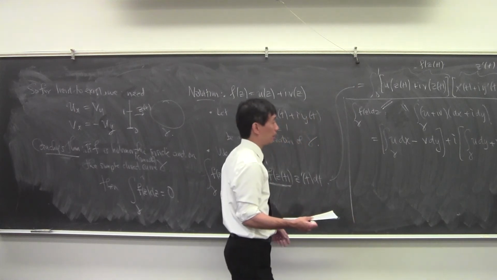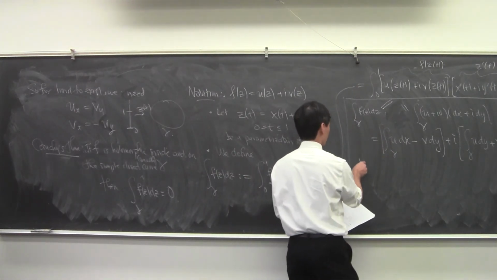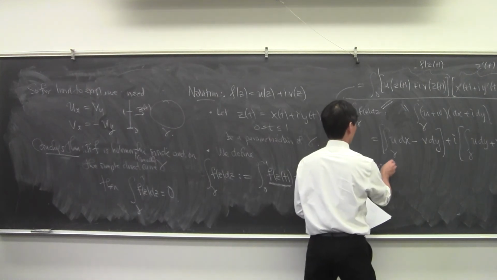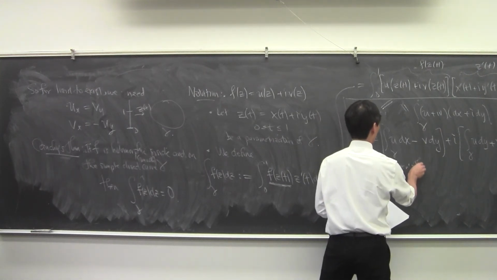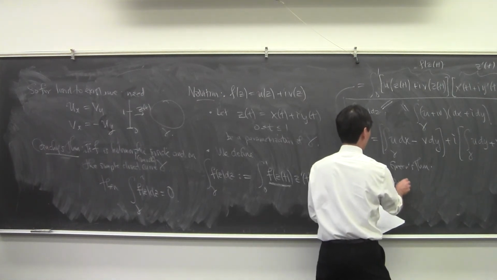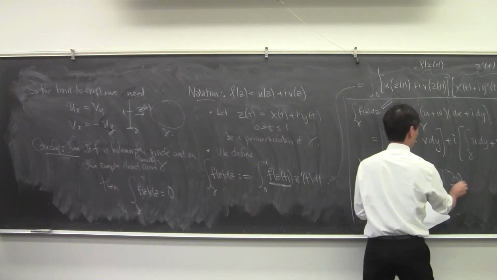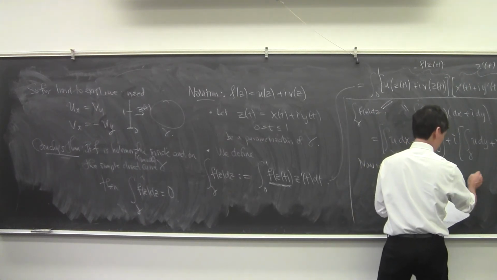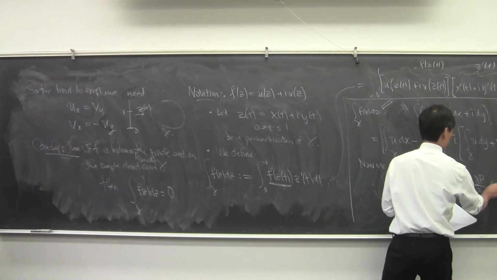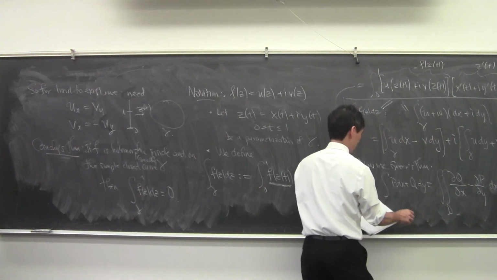Okay. And now we use Green's theorem. Green's theorem says that the integral of P dx plus Q dy equals the double integral of dQ/dx minus dP/dy dA over the interior.